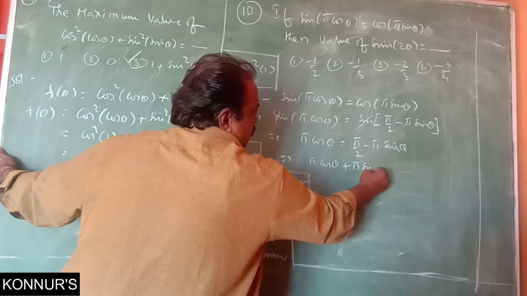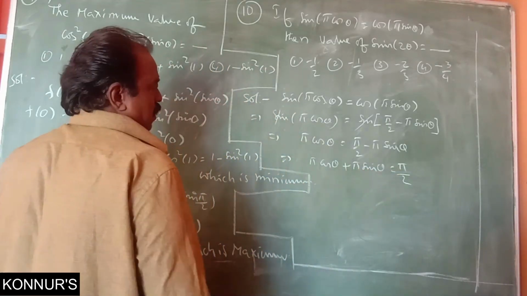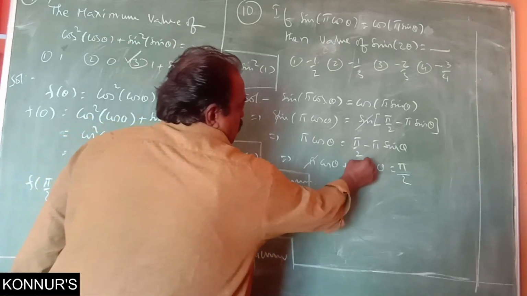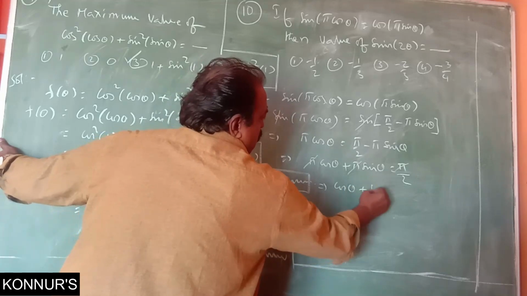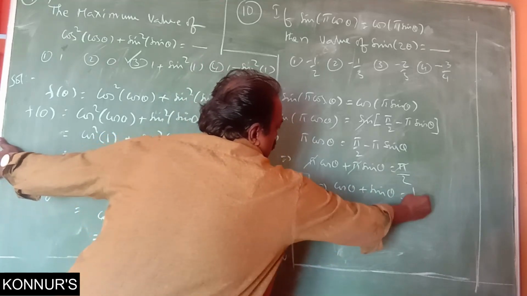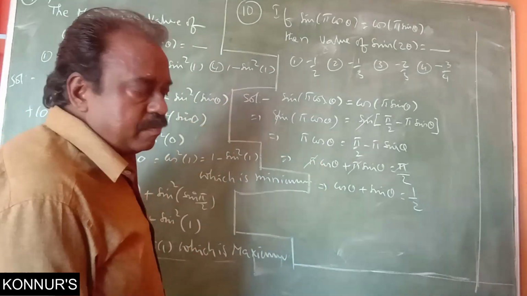It is plus pi sin theta is equal to pi by 2. Now on all sides pi is common, cancels. We get cos theta plus sin theta is equal to 1 by 2.